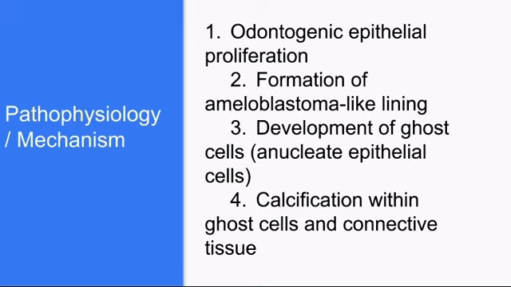This is basically the definition of those ghost cells I was discussing. Now, we see that calcification forms within ghost cells and the surrounding connective tissue. You can visualize this like the bell stage of the enamel organ.